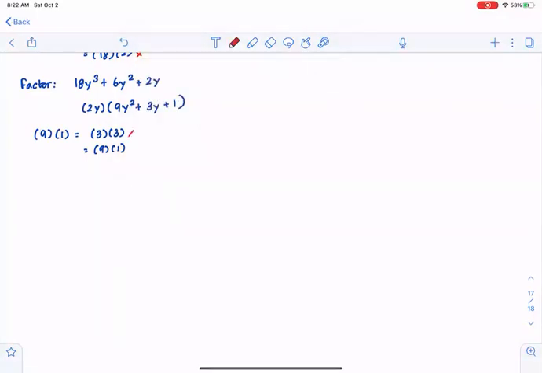And when you subtract it, it would give you 0. Not going to work. 9 times 1 is 9. So 9 plus 1 would be 10. 9 minus 1 would be 8. That's not going to work. So this particular term cannot be factored by grouping, and the answer is what you see.